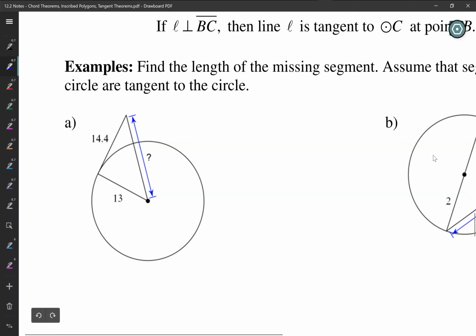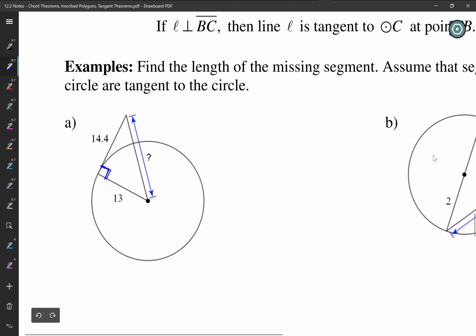So if I look at this, it sure looks like that segment, the 14.4, is tangent to the circle. It sure looks like if I kept going, it would only touch there once. So it looks like that's a tangent, and this is a radius. So my theorem says that a tangent and a radius will make a right angle. So here's a right angle right here.